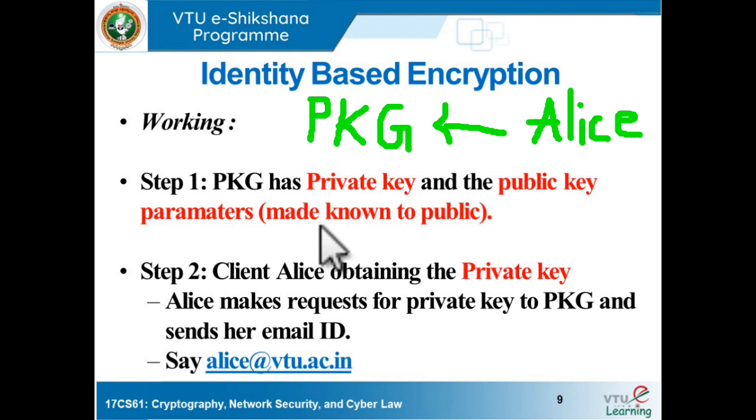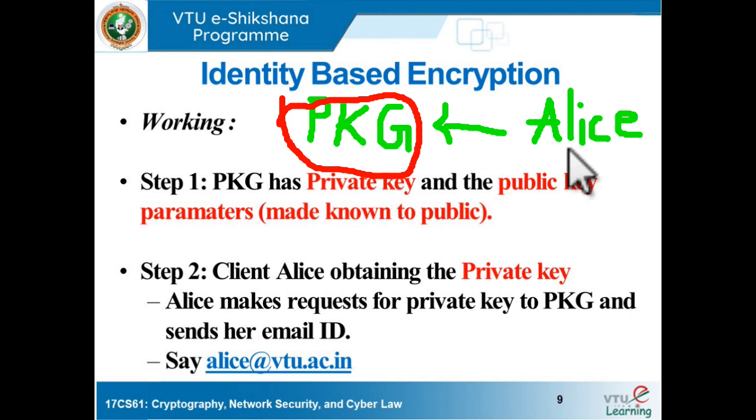Okay, let's see what happens in the first step. The first step occurs entirely at the private key generator, where the PKG is generating its private key, and the public key parameters are made known to the public, whereas the private key is kept private to the private key generator itself.